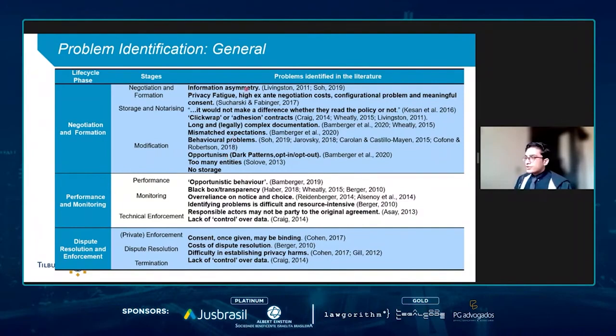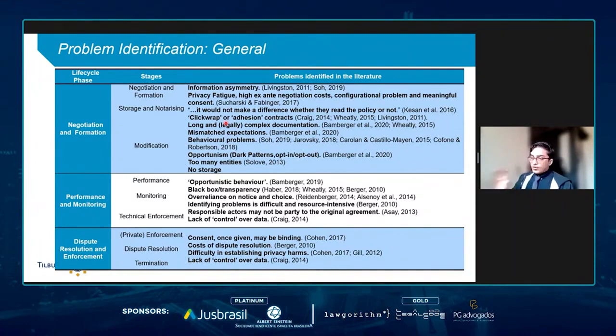But one of the most common and underlying problems across the first 2 stages at the very least is opportunistic behavior, where the user has to be careful about the service provider acting opportunistically. And in the literature, a lot of focus is usually on the notice and consent, the negotiation and formation parts of the problem. But as we will argue later, the other parts of the problems are also crucially important.